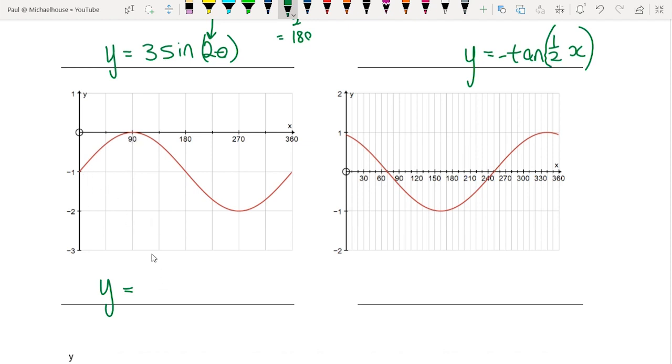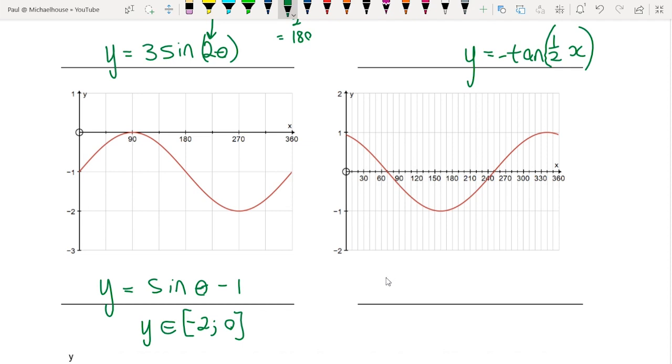Right, but it looks like this graph's just been dropped down by 1, so I'm going with sine theta minus 1. Right, what's been affected, obviously, is the range of the graph. This graph only takes on values from -2 up to 0. Okay, so it's just a sine graph that's been dropped down 1.